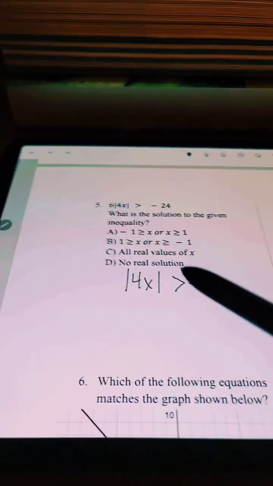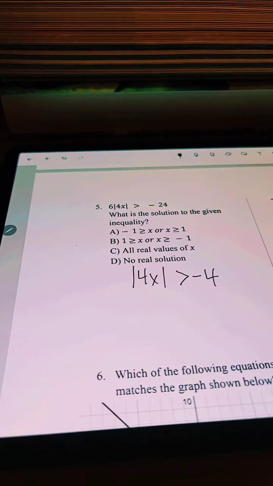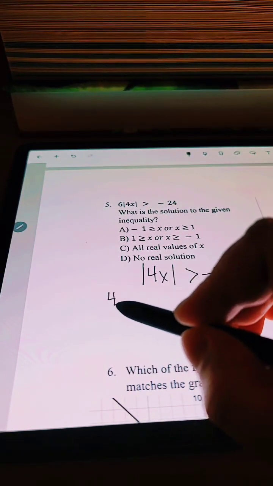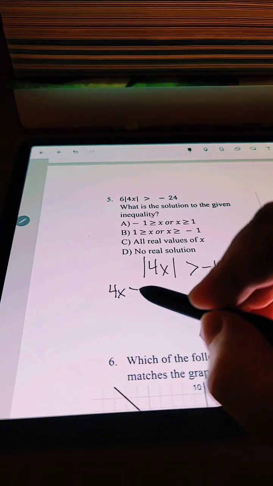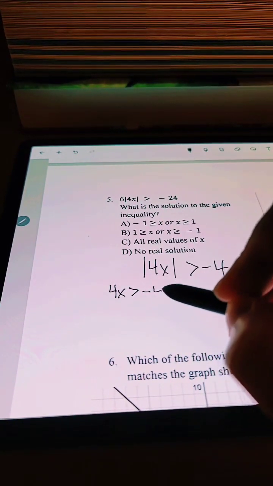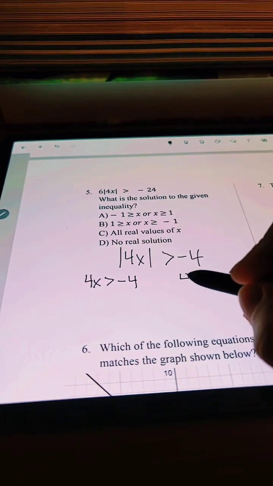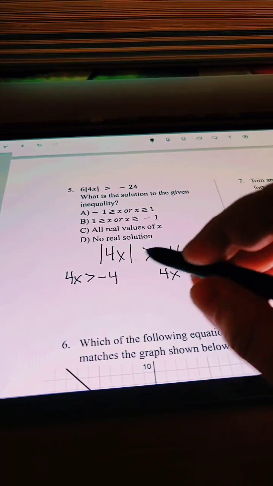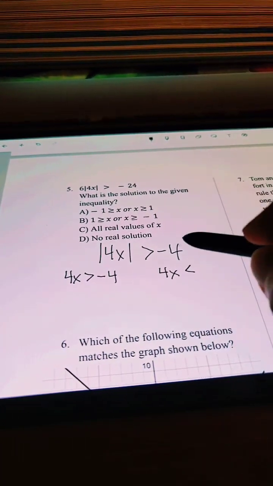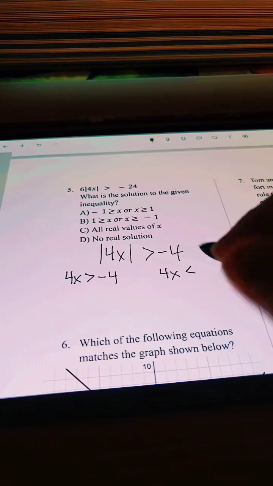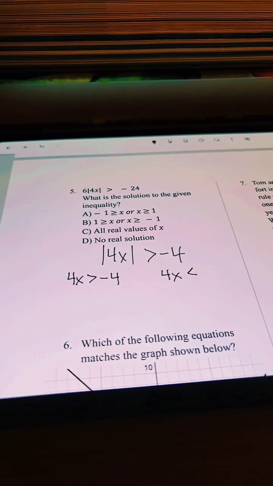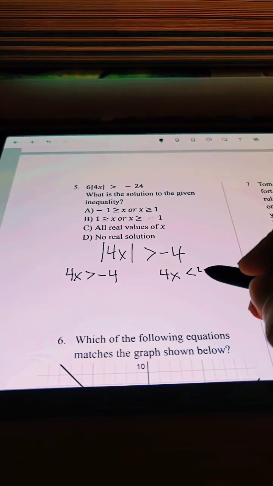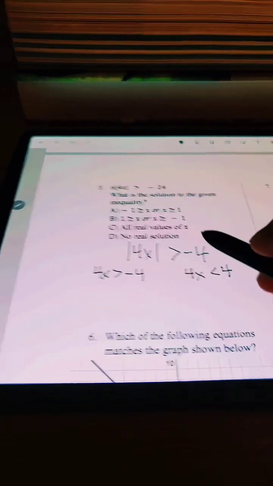Now, remember, with absolute value, you have to think of multiple scenarios. So I have to think, okay, my 4x can be greater than negative 4, or my 4x could be less than, because I have to switch the inequality symbol when I divide by a negative or multiply by a negative, or basically like changing the sign is also how you can think about it, has to be less than positive 4.